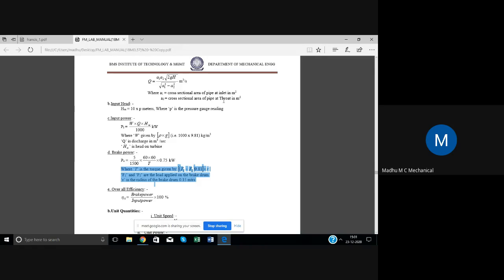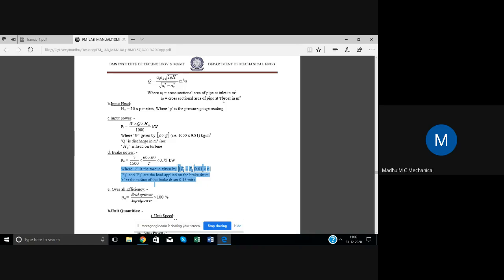Okay, so whatever value of discharge, you keep it. Then HM is equal to 10 into P. What is the pressure gauge reading? 0.2 kg per centimeter square. Remember, you have to convert to meters now.